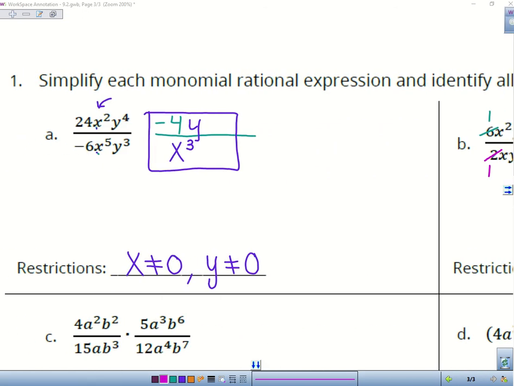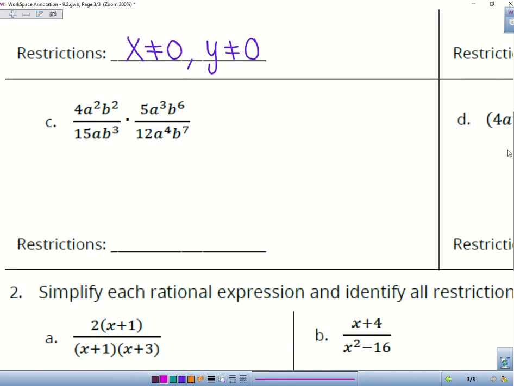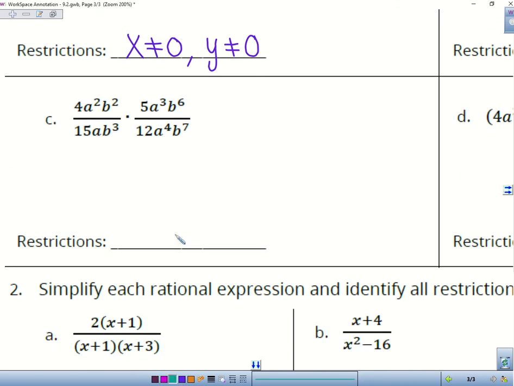Letter C. We're going to use that cross-canceling thing again. If I look at these diagonals first, what can I divide 15 and 5 by? 5. Good. This is going to become 1, and this is going to become 3. What about the other diagonals? 4. It's also going to become 1 and 3.